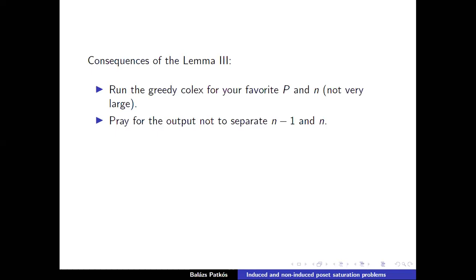If they are not, that's good news based on the lemma, because then we know that the induced saturation function is bounded. Of course, there is no guarantee: just because the greedy collects doesn't find the appropriate family to prove that it's bounded, it doesn't mean that it's unbounded.